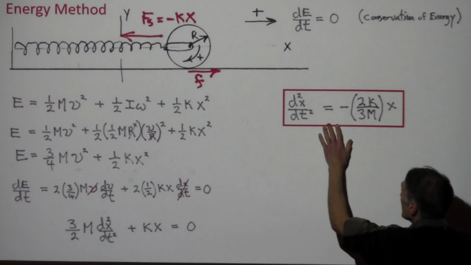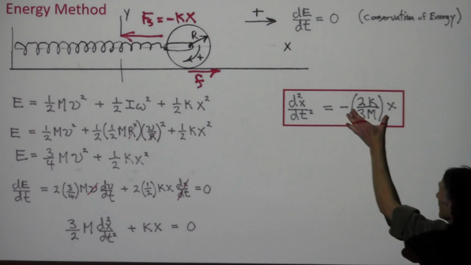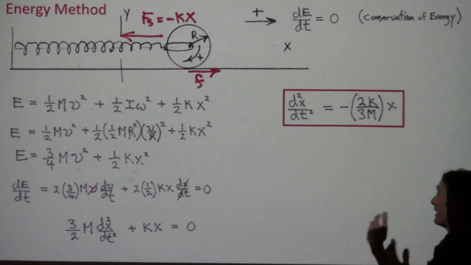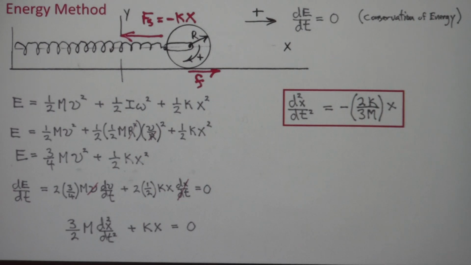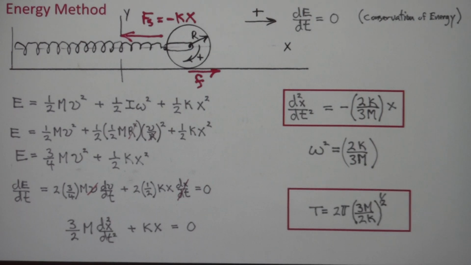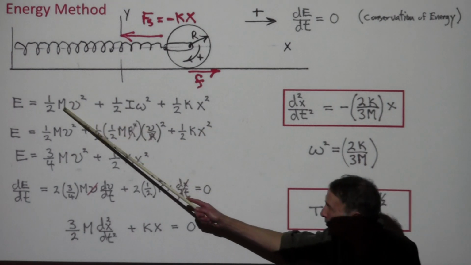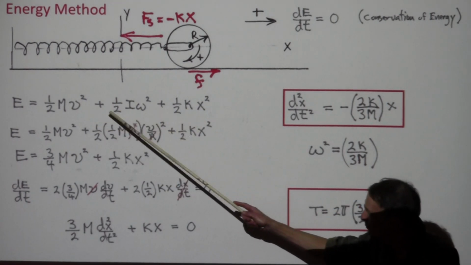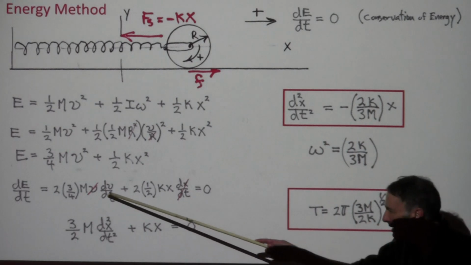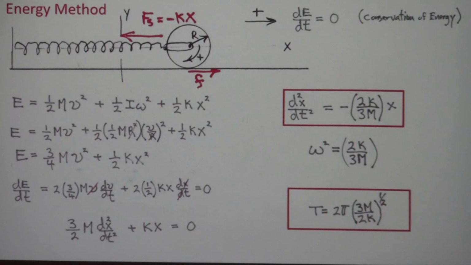The second derivative is minus some constant times x. Again, we've got now the same differential equation. And we know what the solution is for omega squared. And once we have that, we can get the period for this pendulum. So this would be an alternate way of doing it. Nice thing again about energy is that all of these are positive quantities. The tricky thing is to make sure you use the chain rule correctly.